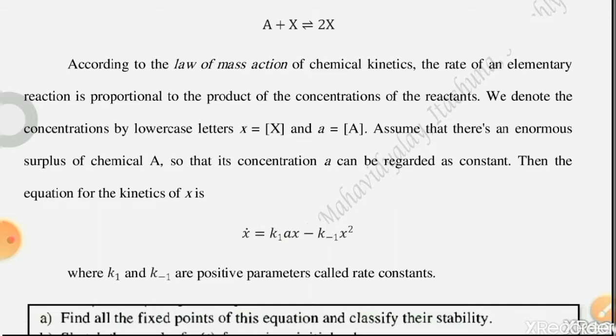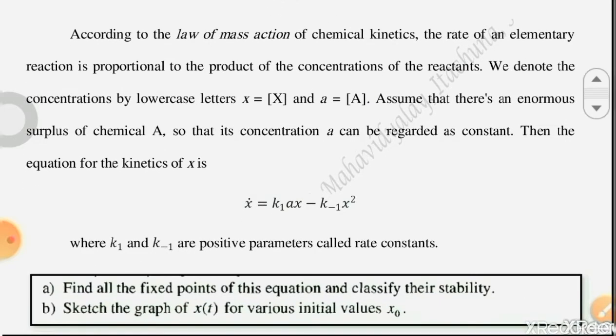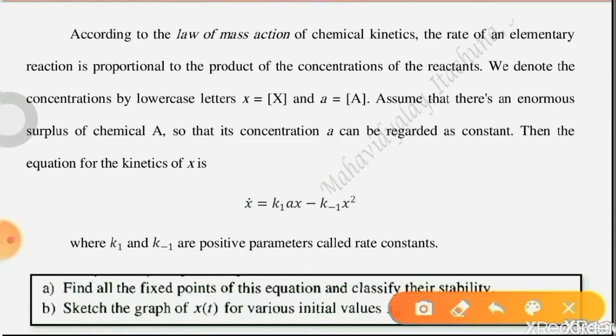So for this autocatalysis reaction, the kinetics of X can be represented by this one-dimensional equation, where x dot, the rate of increase of the concentration of X molecules, is equal to k1 a x minus k minus 1 x squared, where k1 and k minus 1 are parameters called rate constants, and these two parameters have positive values.